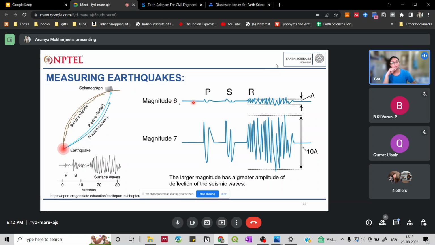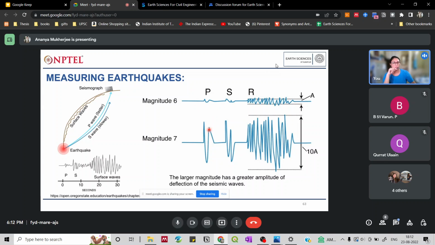Over here, as you can see, there are two different magnitudes mentioned. We'll see what the magnitude scales are, but this example shows you that from magnitude 6 to magnitude 7, the amplitude of the waves that are traveling is increasing. That means a magnitude 7 earthquake is going to be much more damaging than a magnitude 6.